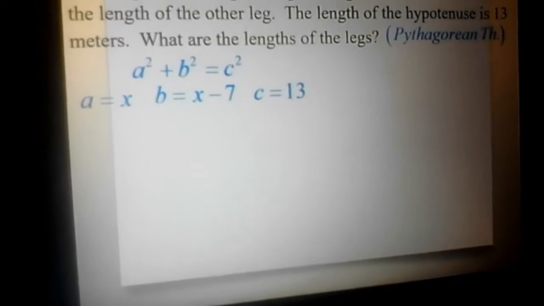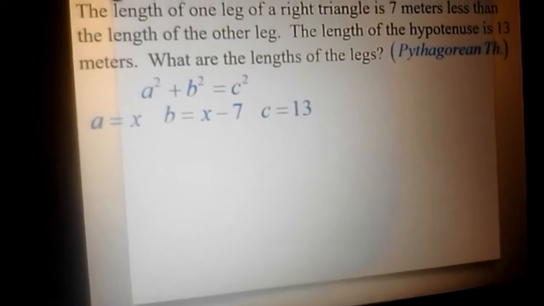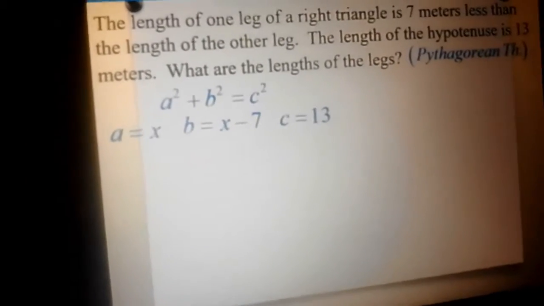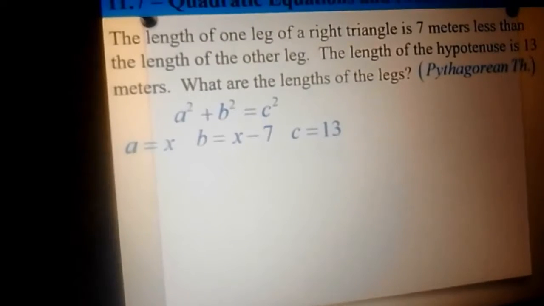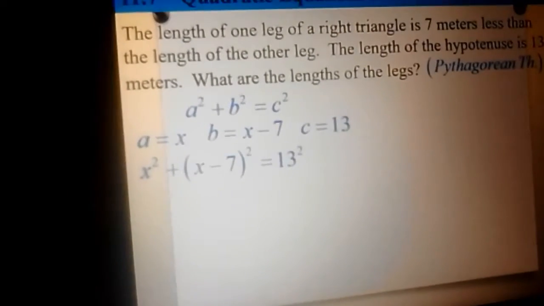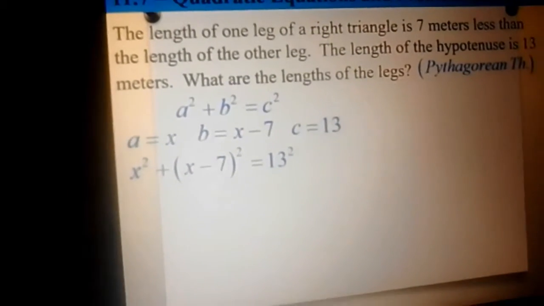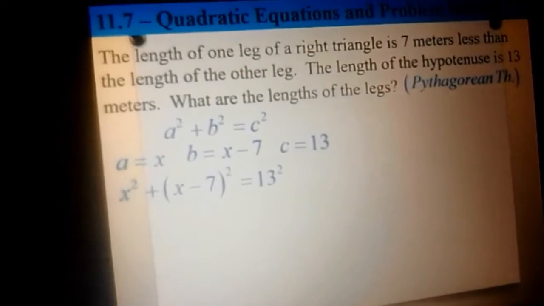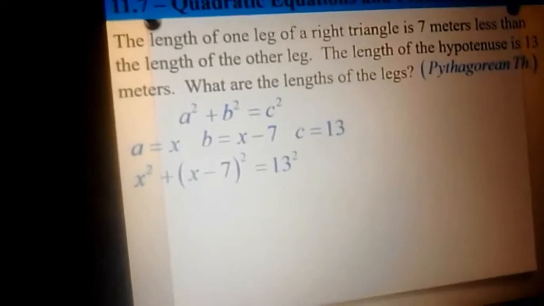And our c be equal to 13, which is the hypotenuse. So let us have that in the equation: x squared plus x minus 7 quantity squared be equal to 13 squared.